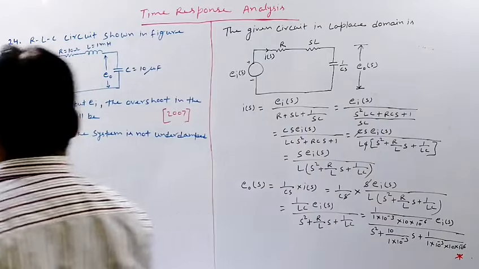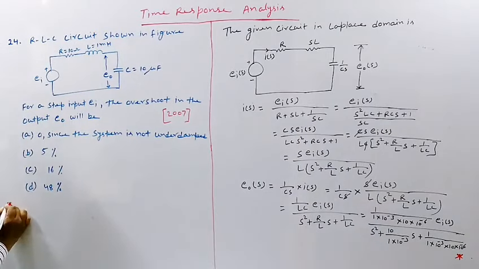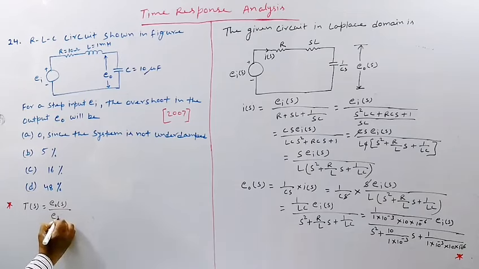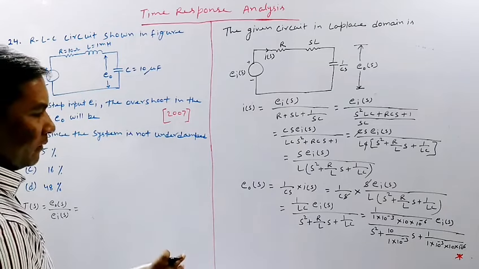Now if we write this side, then the transfer function Ts equal to E naught s divided by EIS will be nothing but, how much will it be?